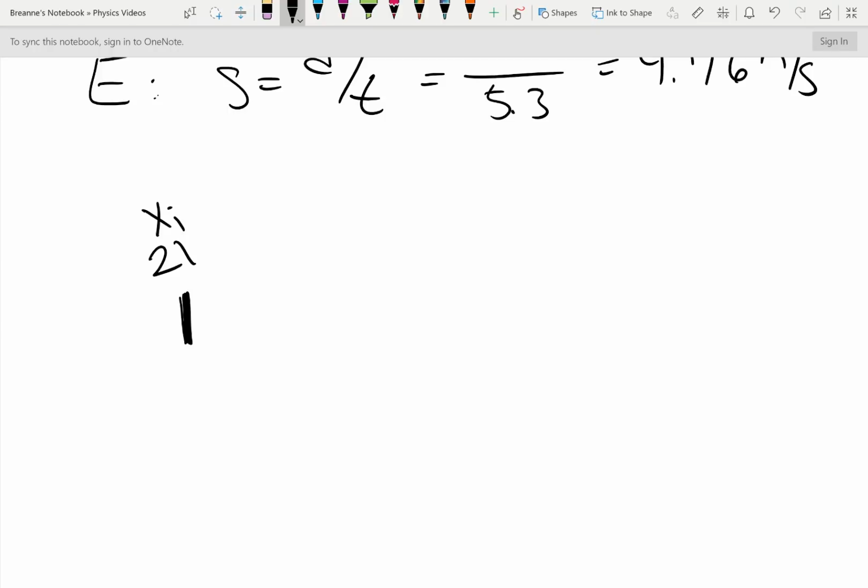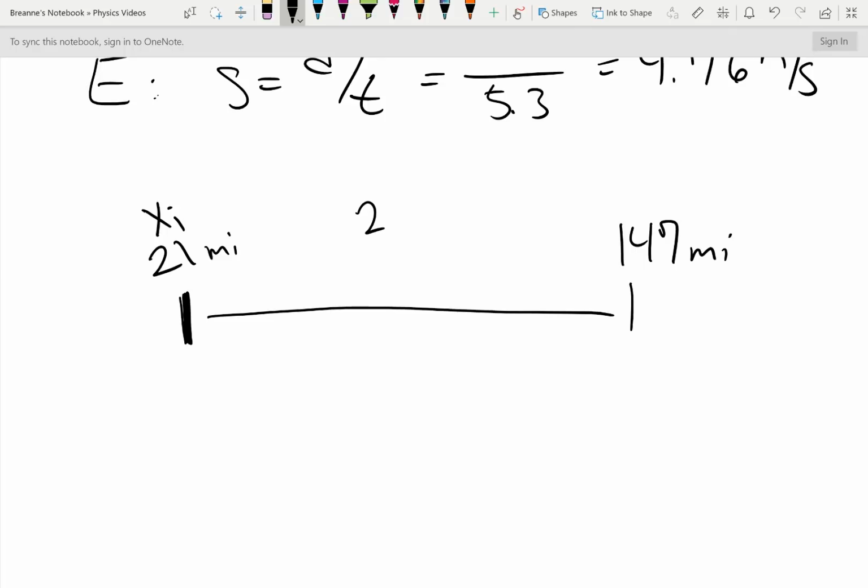Then they traveled all the way to the 147-mile marker, and that took them 2 hours to travel.